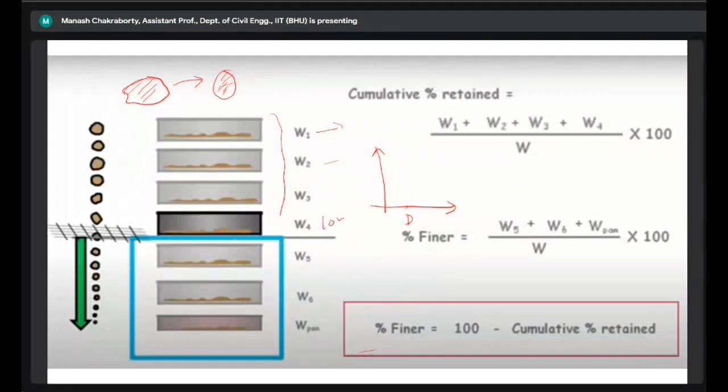This amount of soil, boxed by this blue line, has passed through this sieve, right? So this percent finer will be placed on the y-axis, and we'll get a data point out of it. So that's our job from this grain size distribution as far as these coarse grained particles are concerned, right?